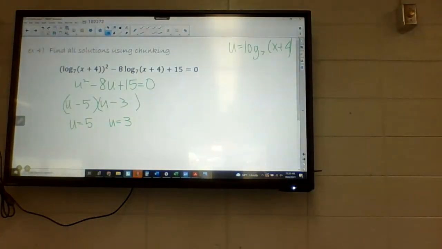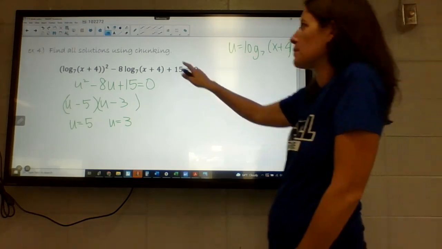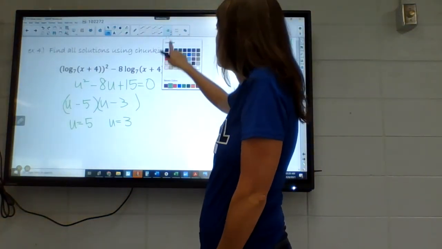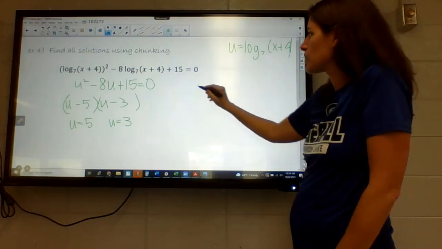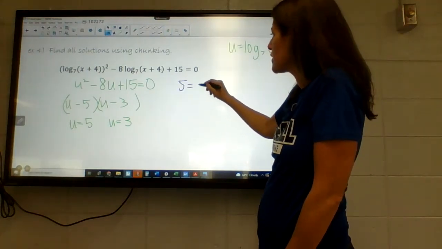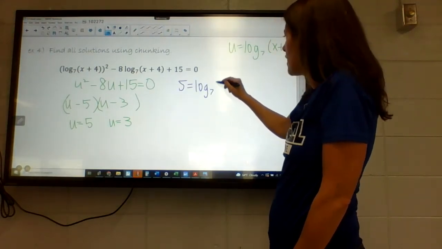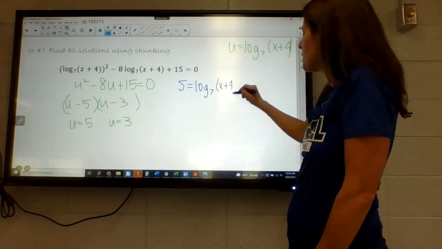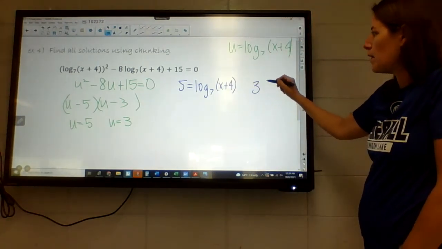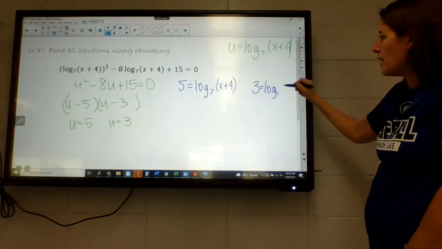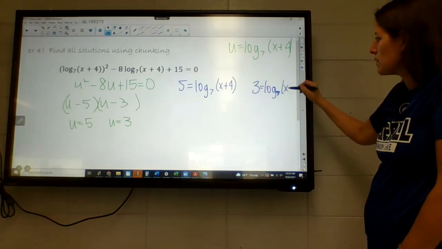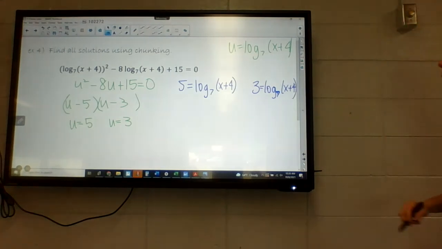But this is not our answer, because if that had been the question, it would have been a much easier question than this crazy logarithm one. So I have to put those in here. So I know that 5 could equal log base 7 of x plus 4, and 3 could equal log base 7 of x plus 4. Again, we're not great at solving logs, so let's switch that over.